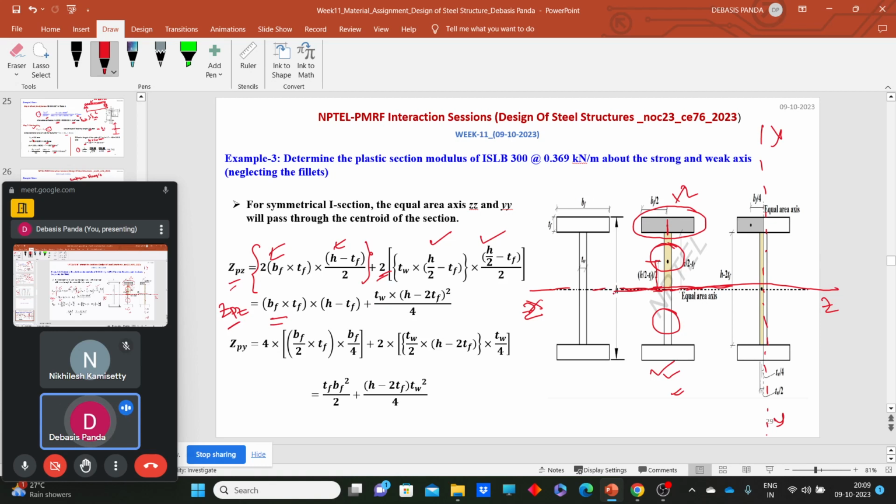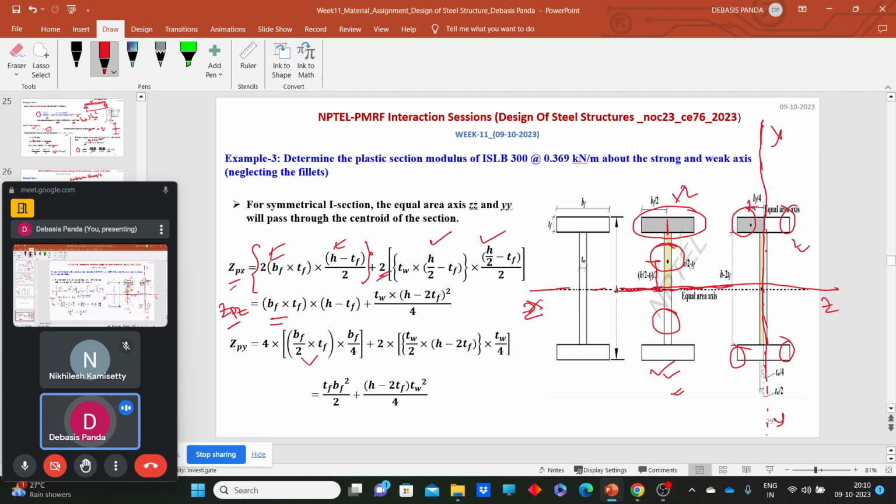Now how can we calculate the ZPY, with respect to the Y axis? From this figure you can see, if we need to calculate the sectional modulus about this axis, we need to calculate the area and CG distance of these 4 portions: 1, 2, 3, 4. So what is the area? Area is BF by 2 into TF, multiplied by the CG distance.